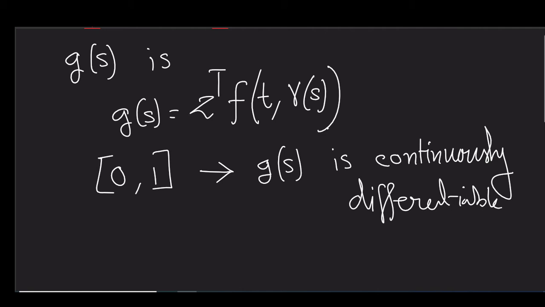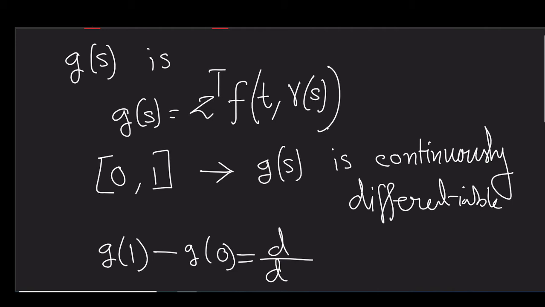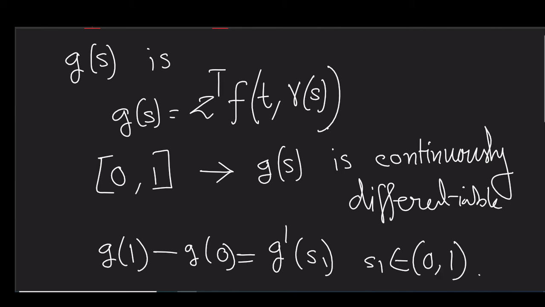Now we can apply the mean value theorem. The mean value theorem states that G1 minus G0 is equal to G dash S1, where S1 belongs to 0, 1.